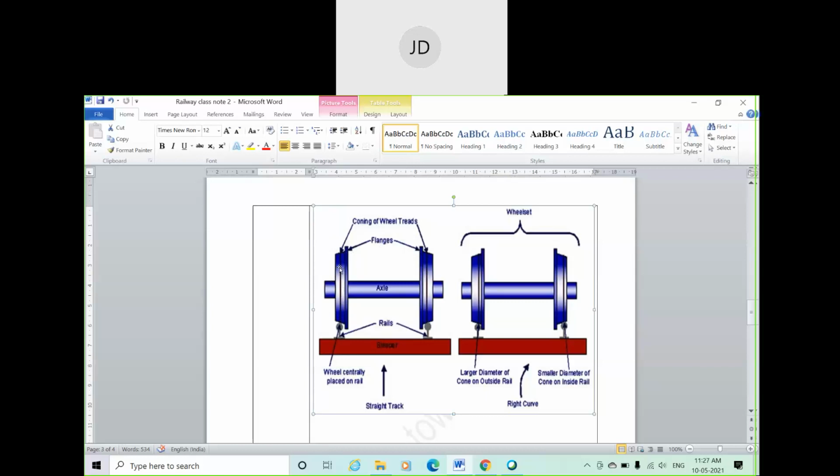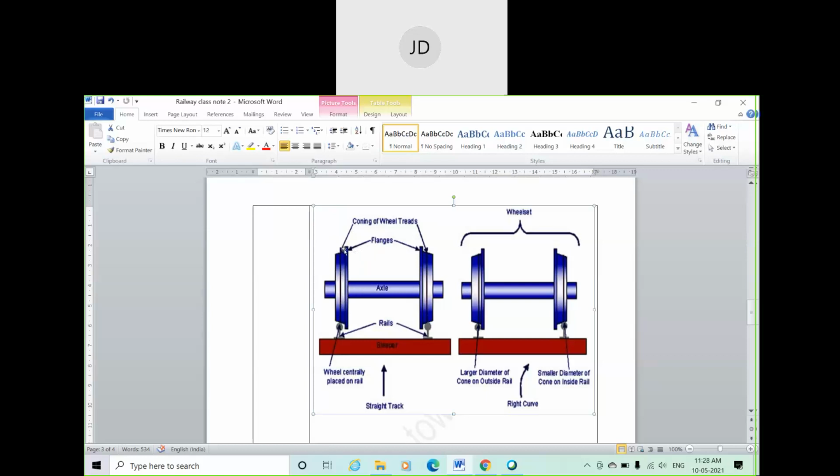If you drive a car, within a wheel there is a rim, right? So it's the same kind of thing. This part is called the wheel tread. This is the axle.